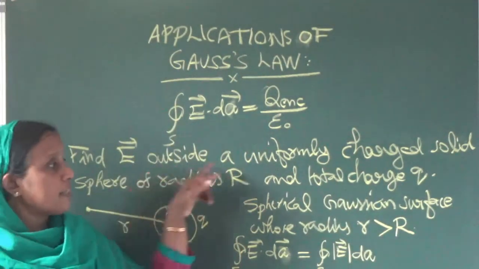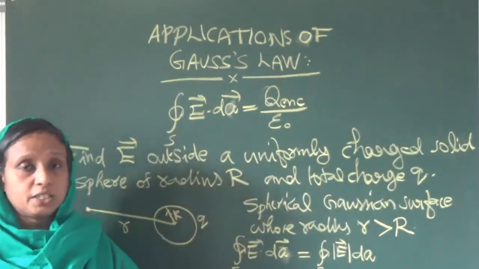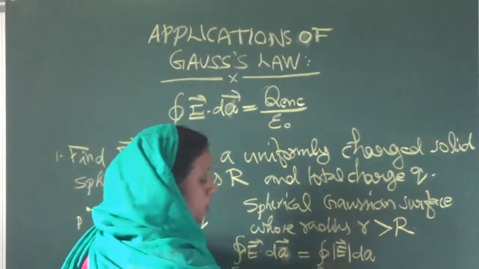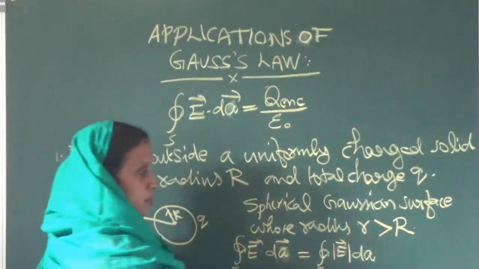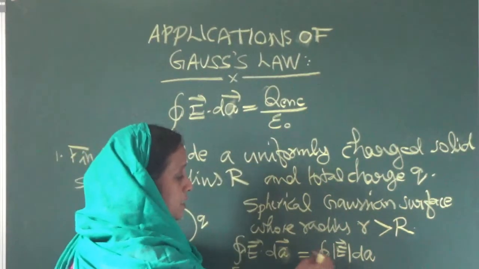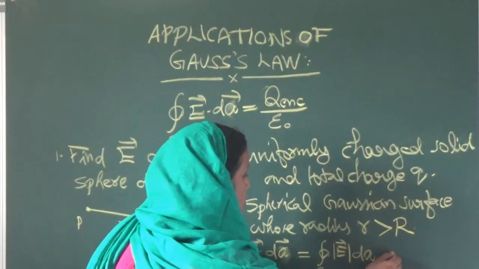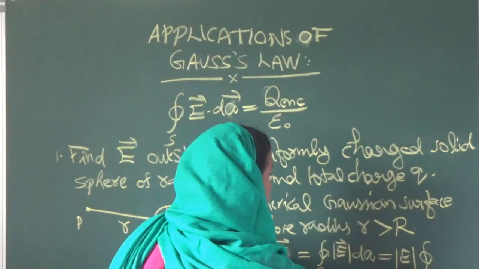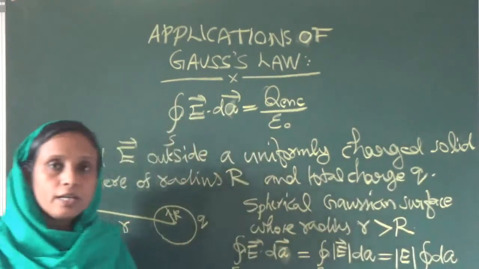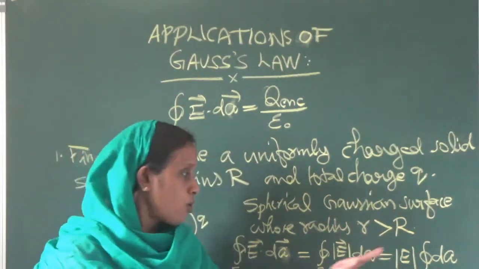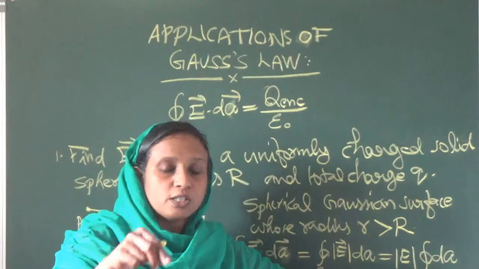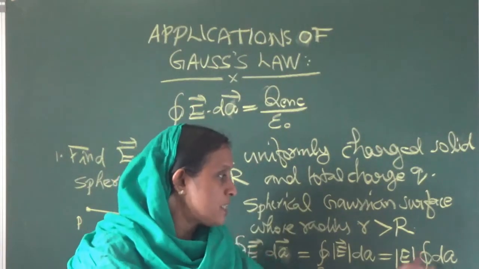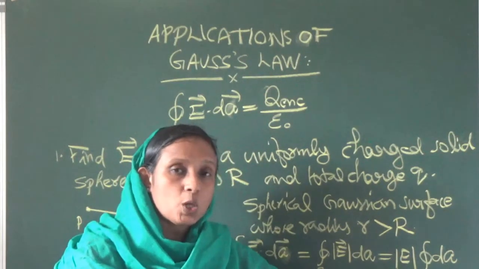Since the solid sphere is uniformly charged, the electric field magnitude is constant over the surface, so we can take it outside the integral. This gives you mod E times the integral of dA. We assumed a sphere, so this area element is on the surface of the Gaussian sphere, and this integral gives you the area of the Gaussian sphere.